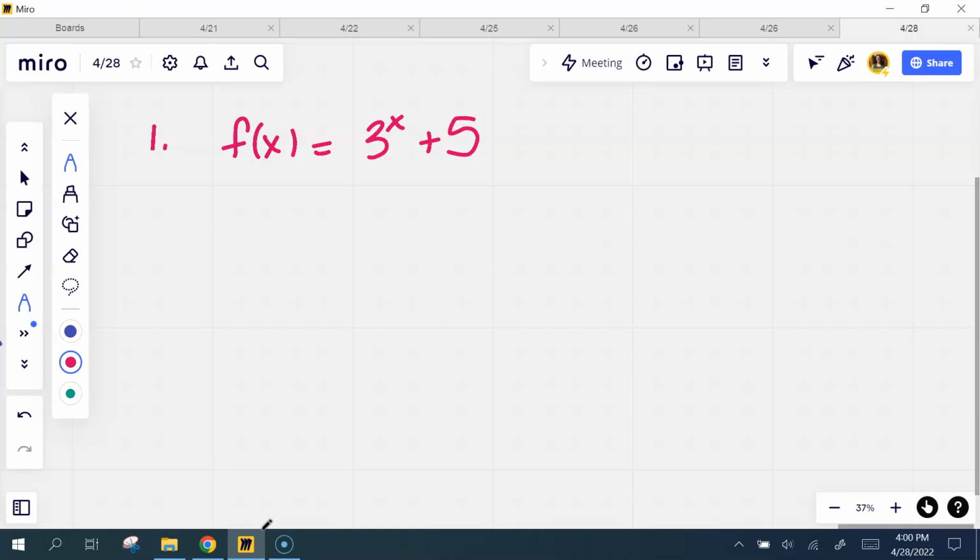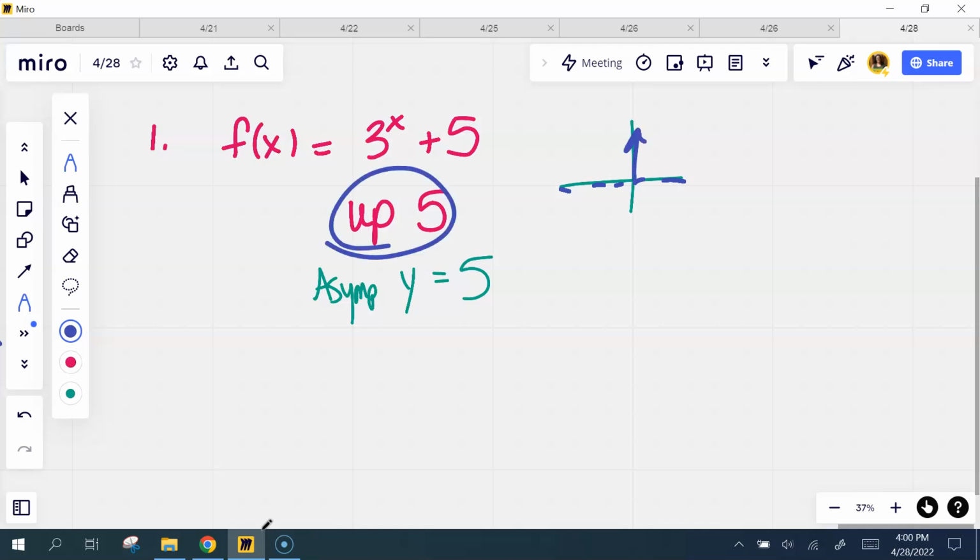So here I've just moved up 5, and that's all we're looking for there, what's going on with the exponential here. Now I will tell you while we're here, this would have an asymptote of y equals 5 because this is my k on the end, right? And it makes sense because if you took the original parent and you moved it up 5, well, where's your asymptote going to be?